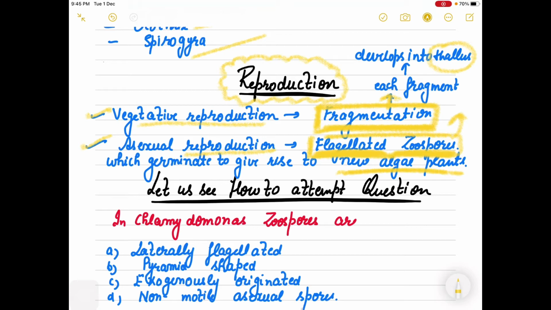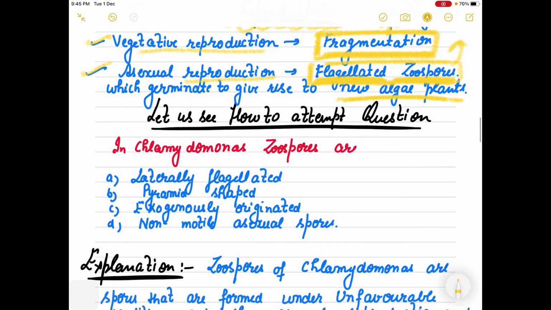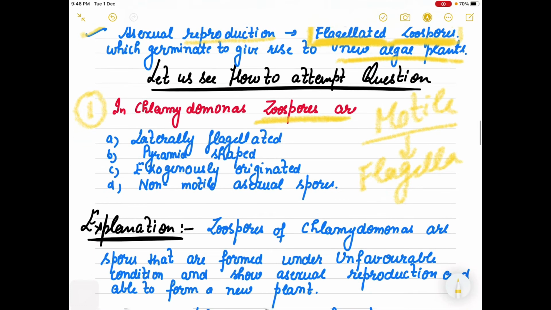But if a question comes in your NEET exam, how to attempt it? Like there is one question: in Chlamydomonas, zoospores are... Now you know that Chlamydomonas is motile in nature. When we say the word motile, it means it is going to have flagella. Now let's see the options. Zoospores are pyramid shaped, zoospores are exogenously originated, zoospores are non-motile.